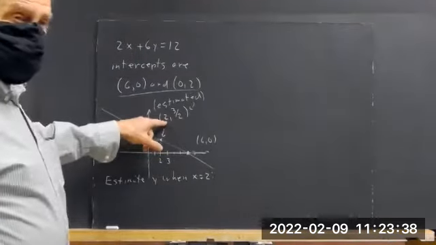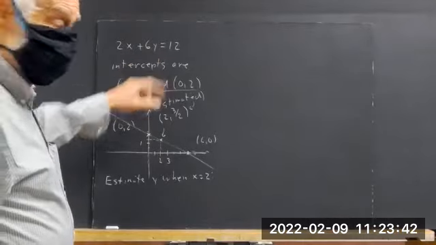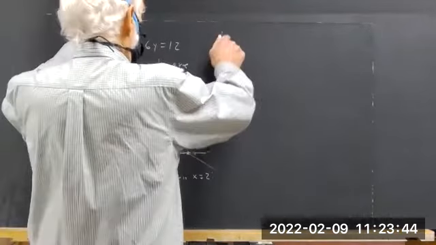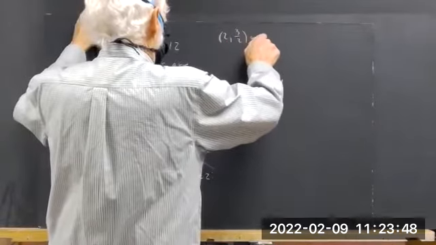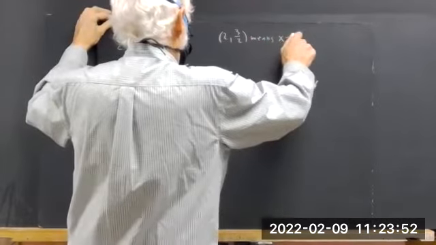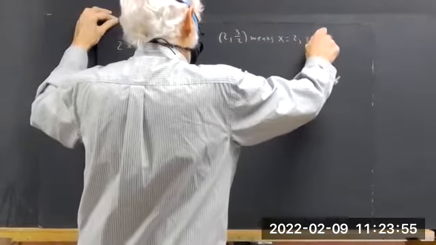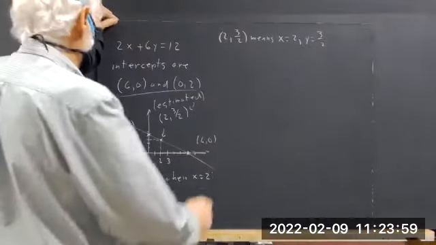Just to be clear, you got to put this 2 in where x is with 3/2 with y, right? So the point 2, 3/2 means x equals 2, y equals 3/2.